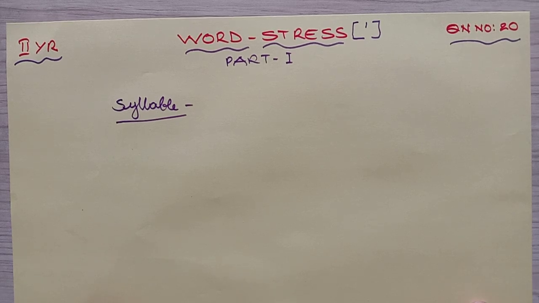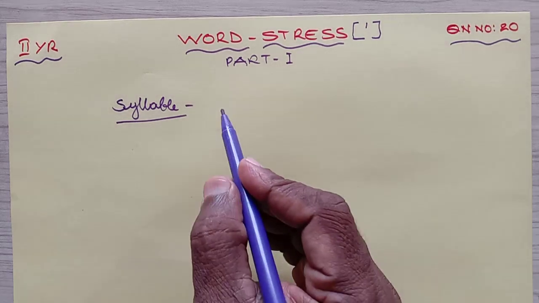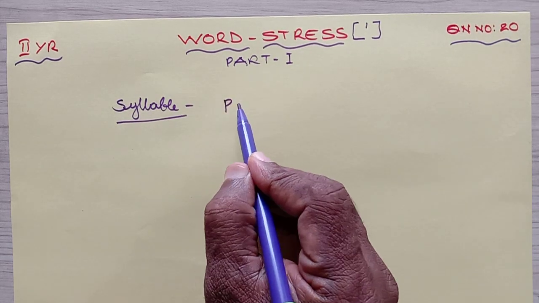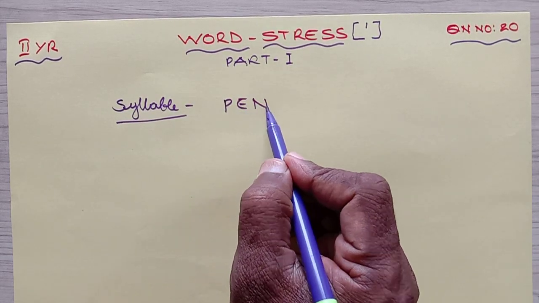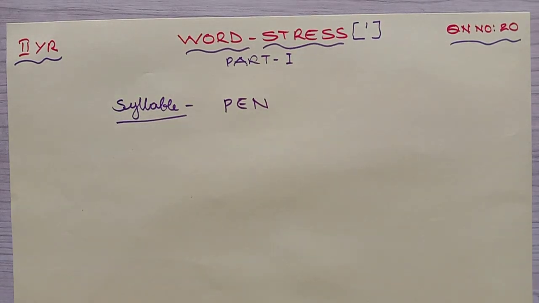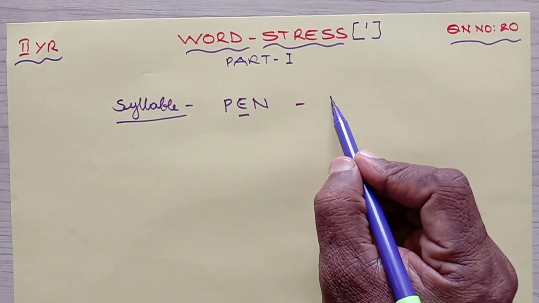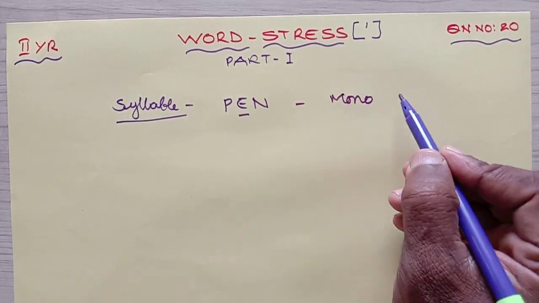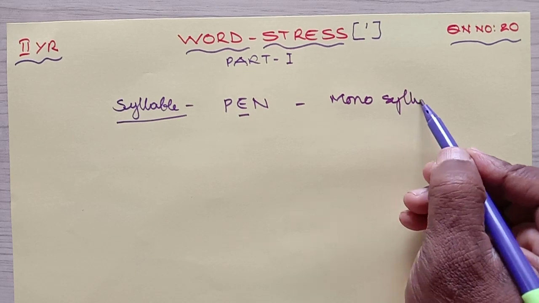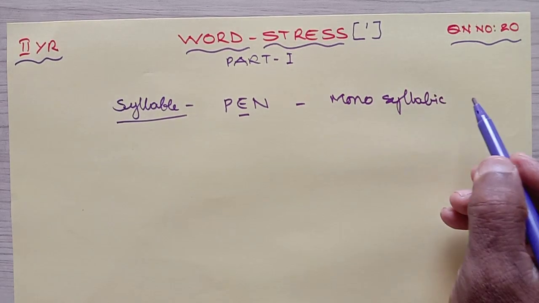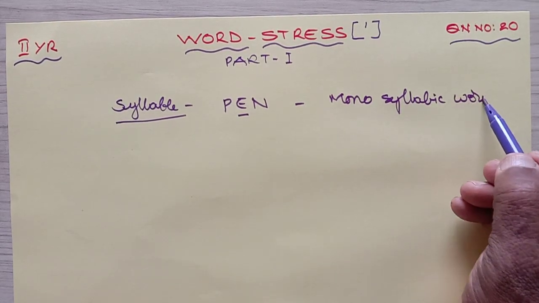Now we get a doubt about where to use a particular stress. For example, if you take the example of pen, it has one vowel sound, hence this is a monosyllabic word.